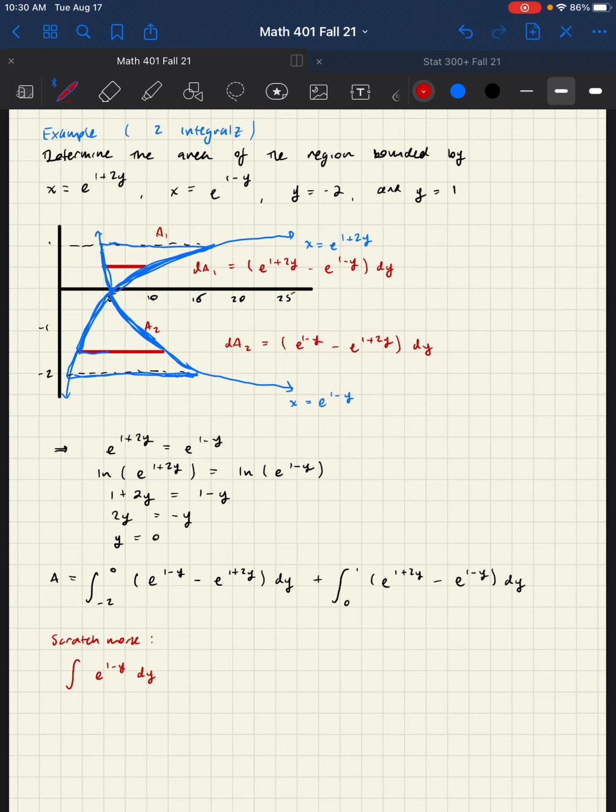We're not going to focus on the limits of integration because that's going to change, but the important observation here is we can use the substitution rule, which says if we let u equals 1 minus y, so this is this new variable u, then du will be negative dy by taking the derivative of u, which means if we plug this back in, this integral is going to become the integral of e to the u times negative du.